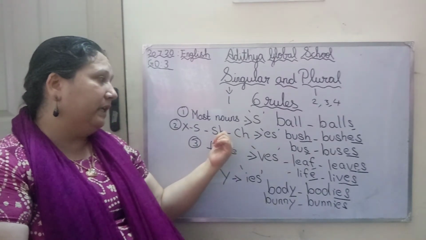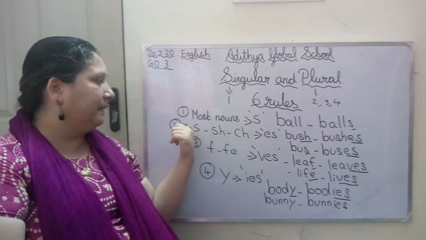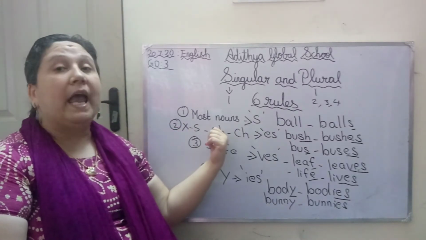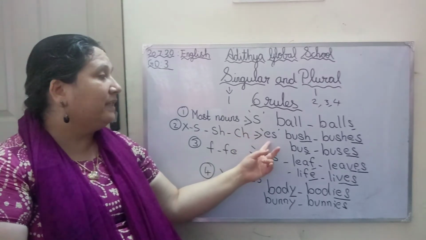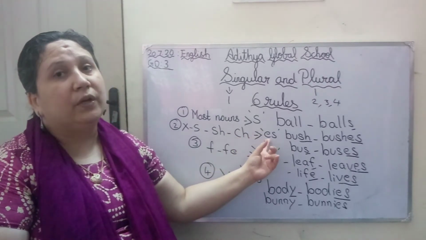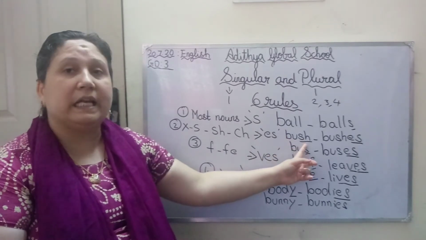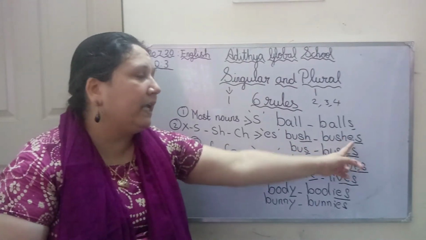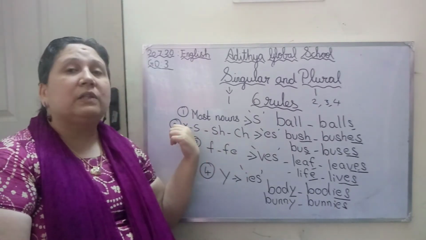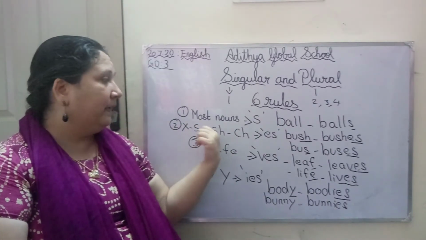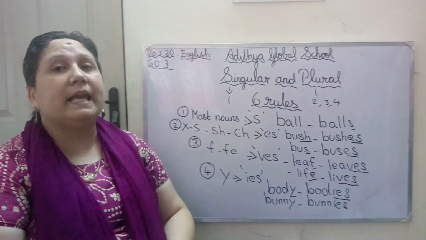And the second rule is when a word ends with x, s, sh, ch, we use es. Now say bush. It's ending in sh, no? So we added es to make it a plural form. So when the word ends with x, s, sh, ch, we use es.